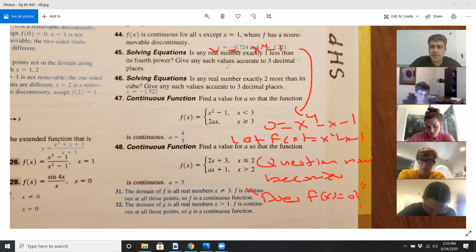Because we deliberately took our translated equation, rewrote it, and called it f of x. And we want that to equal 0 to answer that question. So now that's our goal. And we use IVT to realize that goal.